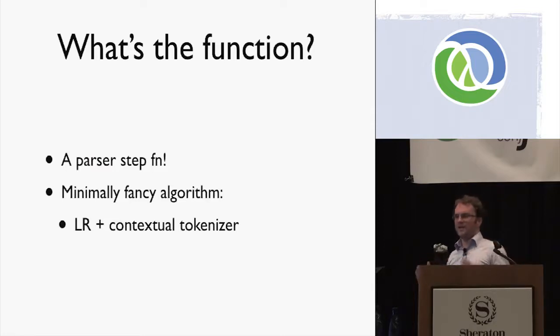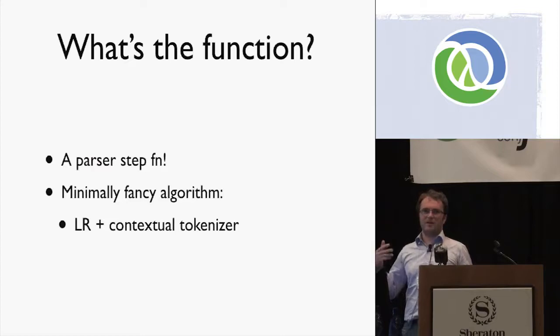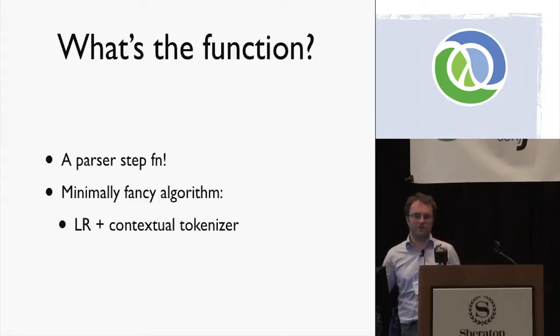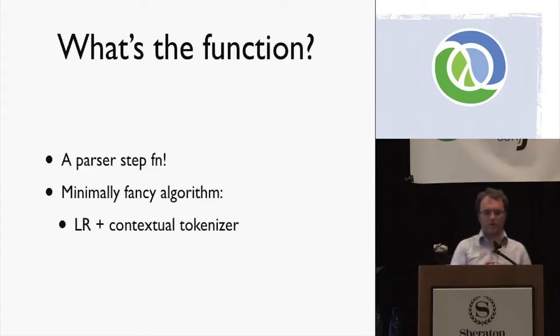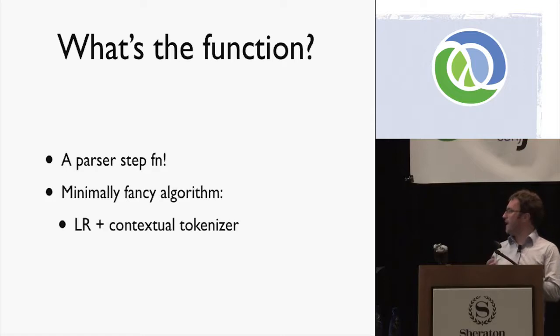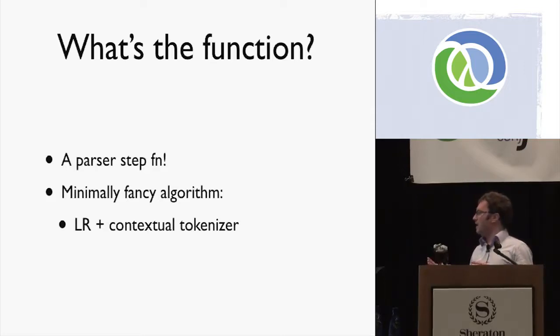So what exactly is our function? A parser step function is the function which is executed for each token or each character of the input. And in the case of Parsley, I picked something very simple, good old LR.